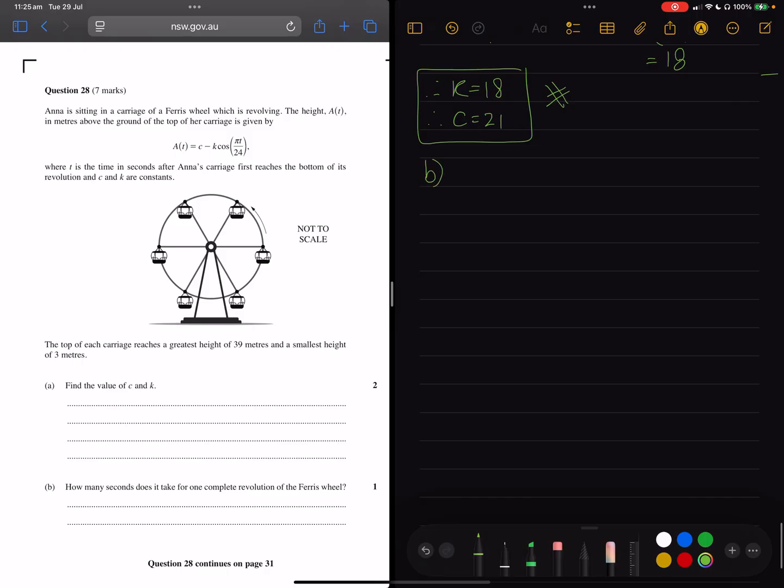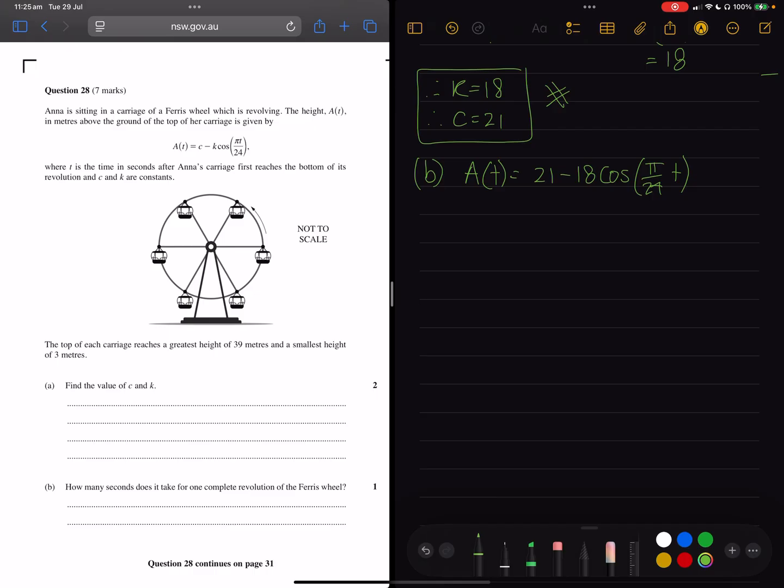So for part B, we now have the equation A of t is equal to 21 minus 18 times cosine of, let's write this as, pi on 24 times t. It tells us how many seconds it takes for one complete revolution of the Ferris wheel.